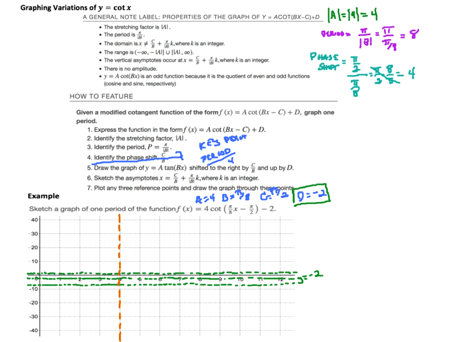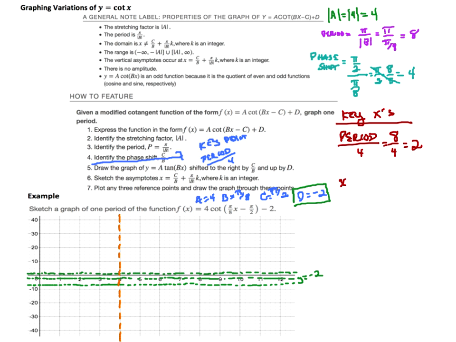Okay? And let's see what we need to add to each of those key x values to get to the next one. So for my key x's, I do my period divided by 4. My period is 8, and I divide that by 4 and get 2. So I'm going to be adding 2 to the previous key x value.